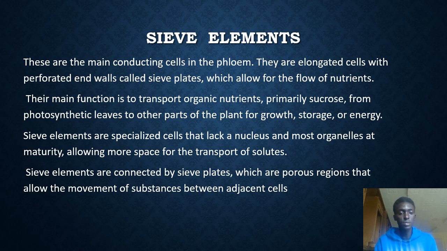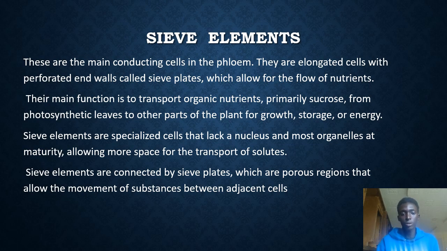Sieve elements are specialized cells that lack a nucleus and most organelles at maturity. This allows the sieve elements to have more space for the transportation of solutes. Sieve elements are connected by sieve plates, which are porous regions that allow the movement of substances between adjacent cells.